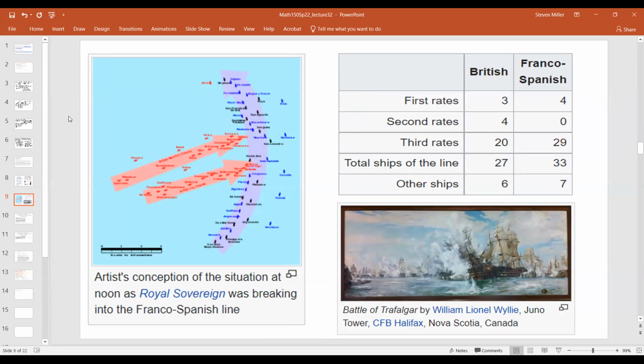And then after his main forces defeated the main part of the enemy fleet, he would then turn and help the other ships that were fighting and finish them off. So basically try to break this into 2 battles.